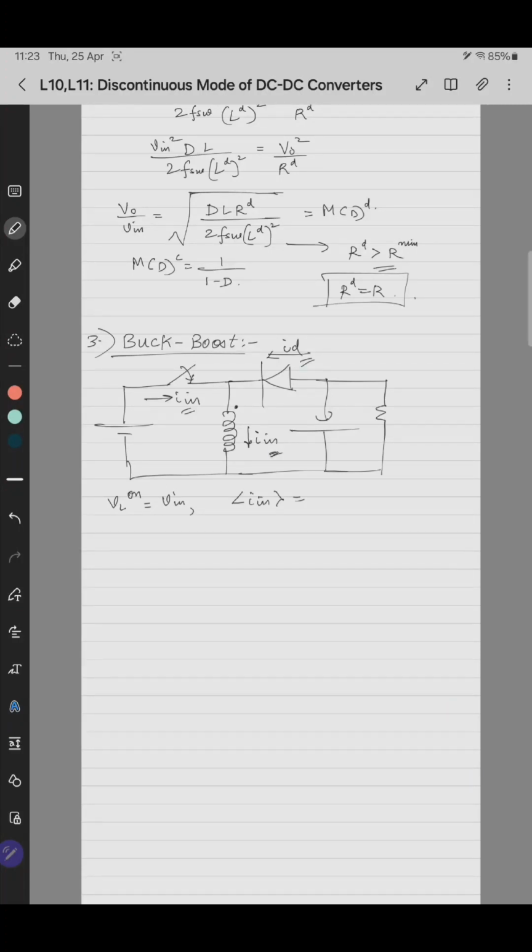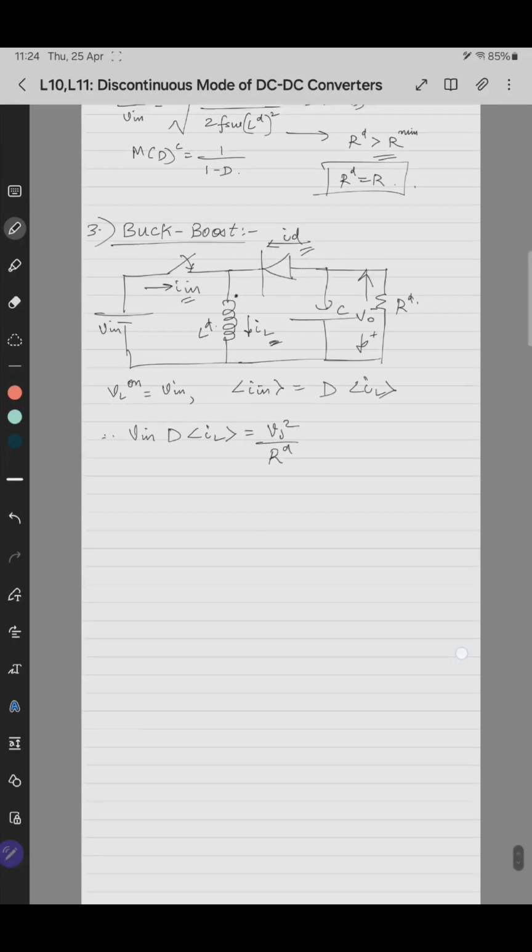Which means that I in is D times IL. Oh sorry, here I should write IL, D times IL. Therefore P in, that is V in into I in, that is D into IL, is equal to V naught square by RD. This is RD, V naught, and this is LD, assuming that it operates in DCM now.